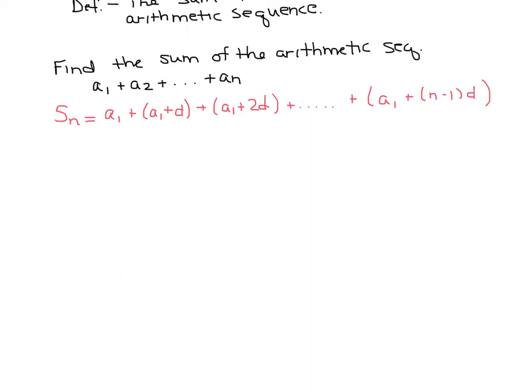Well, that doesn't get me anywhere. But if I go ahead and add that same sum, starting from a sub n and working my way to a sub 1, something nice happens. So I'm going to start with a sub n. To get to my next term, a sub n minus 1, that's really a sub n minus d.